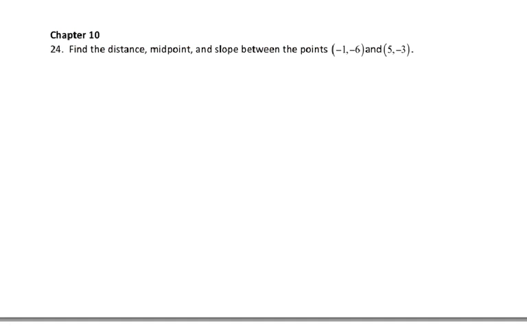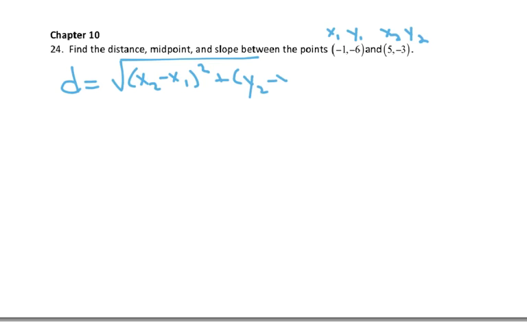Number 24, find the distance, midpoint, and slope between the points (-1, -6) and (5, -3). I always like to call the first ordered pair x1, y1, and the second one x2, y2, just to help me out when I plug my numbers into my formulas. The distance formula was the square root of (x2 minus x1) squared plus (y2 minus y1) squared.